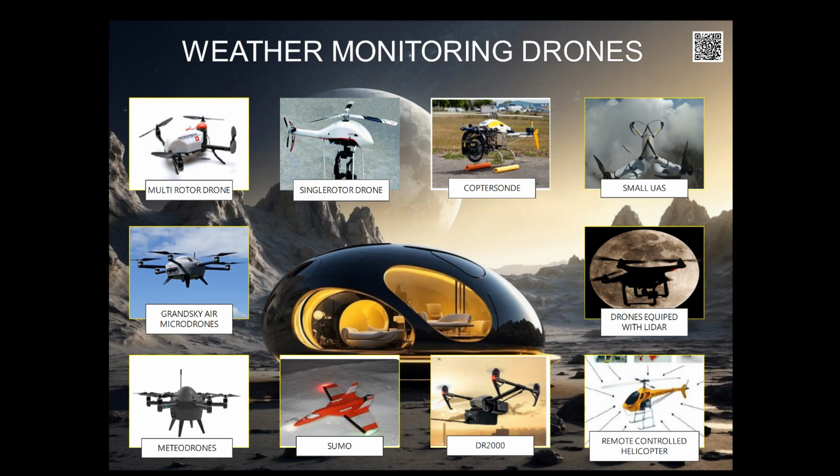Now there are single rotor drones also. They are just like helicopters. Okay. So they are developed just like helicopters. They have only one rotor, but there is no driver there. No one can sit inside the helicopter. They are small, right?